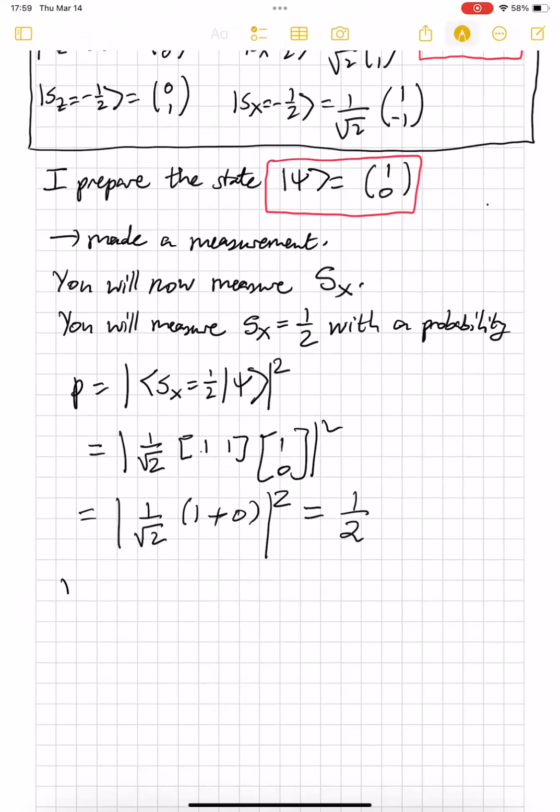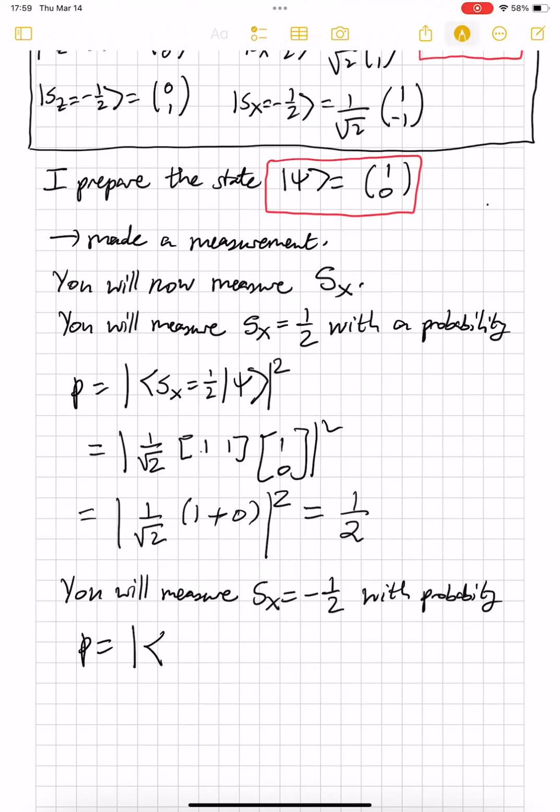Now, you will also measure Sx equal to minus 1/2 with probability P equal to the mod squared of the overlap of Sx equal to minus 1/2 with psi. Let's plug the state in: 1 over square root of 2, (1, -1), times (1, 0).